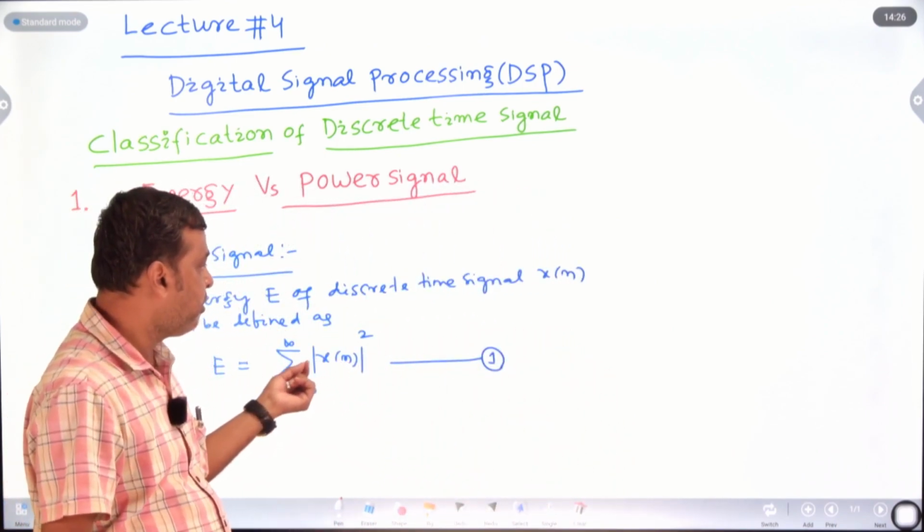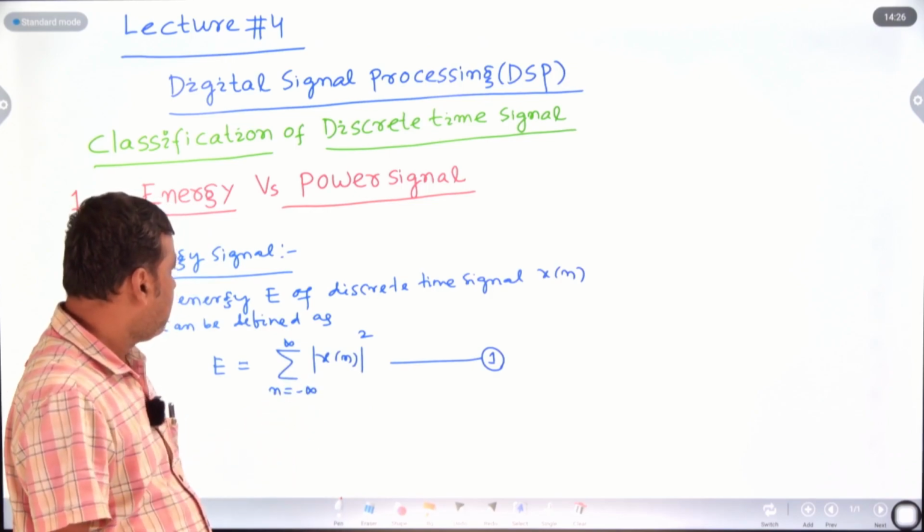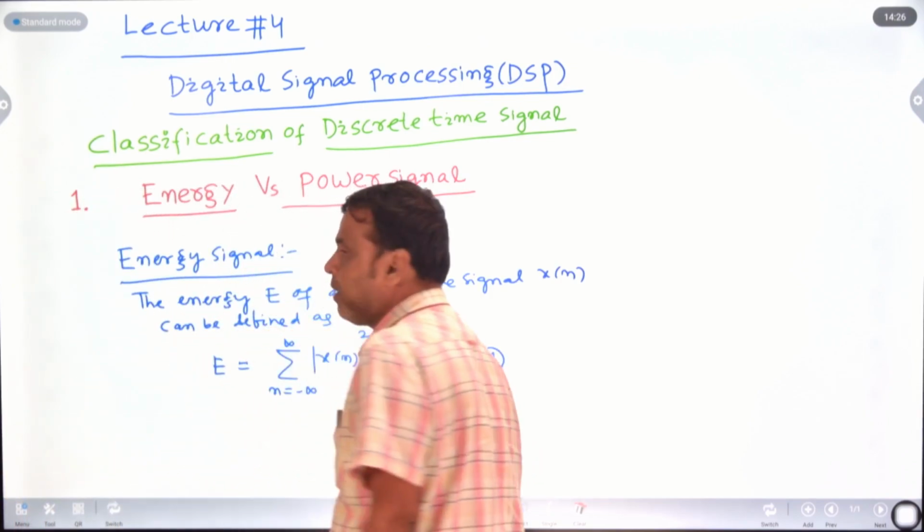Here n is for any discrete values of n. So what is a power signal?